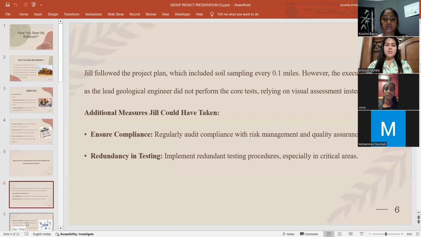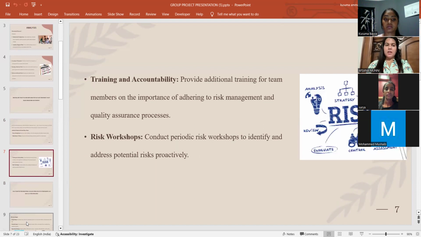Additional measures Jill could have taken: ensure compliance, regularly audit compliance with risk management and quality assurance plans. Redundancy in testing: implement redundant testing procedures, especially in critical areas.